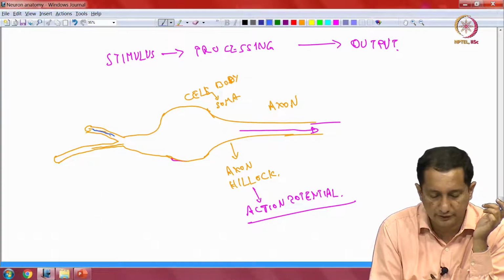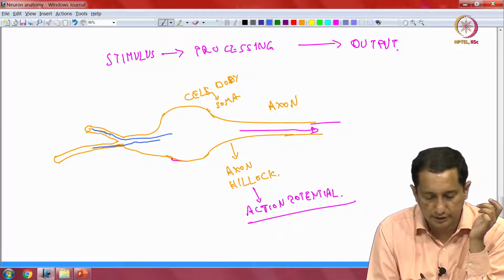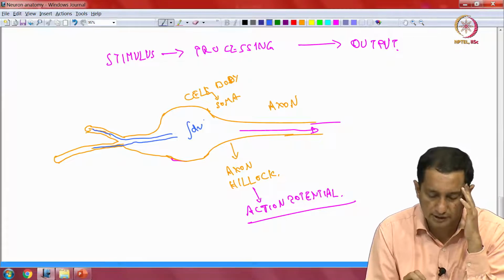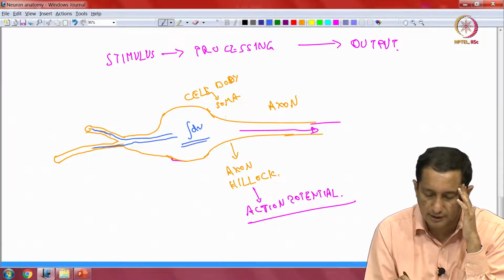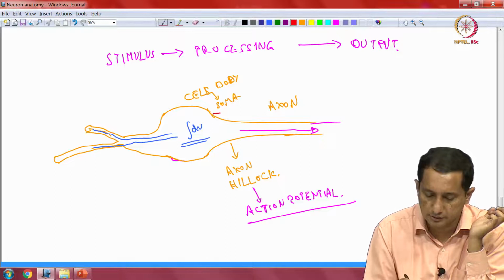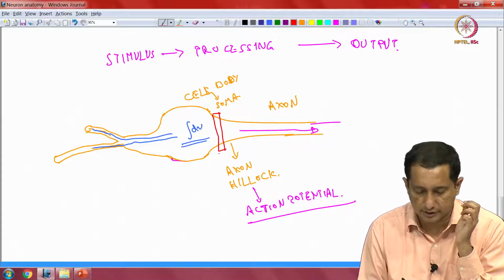So, you have different currents which come through here, and these currents are averaged. You have the average of the summation of the voltages integrated over here, and then here is the threshold. I need a different color. So, that is the gate. So, the activation as such happens over here.